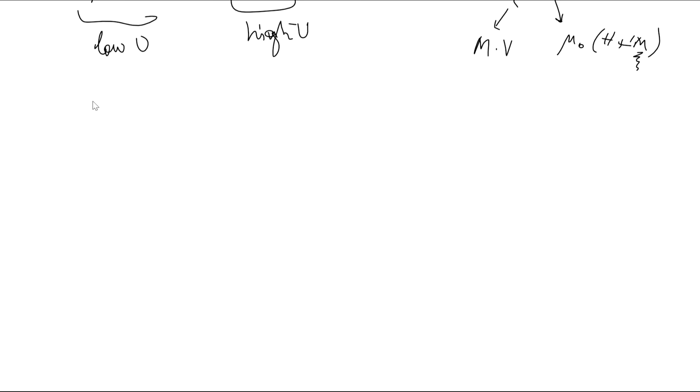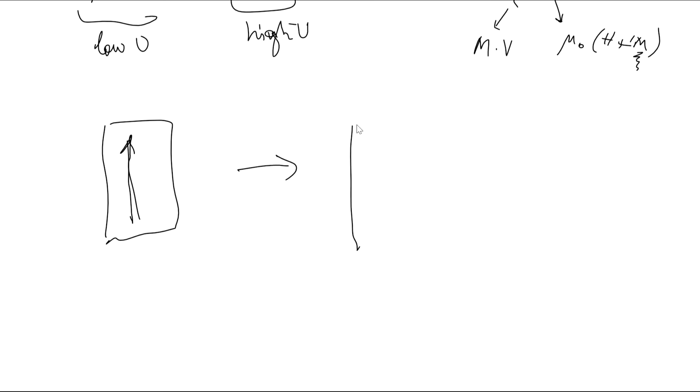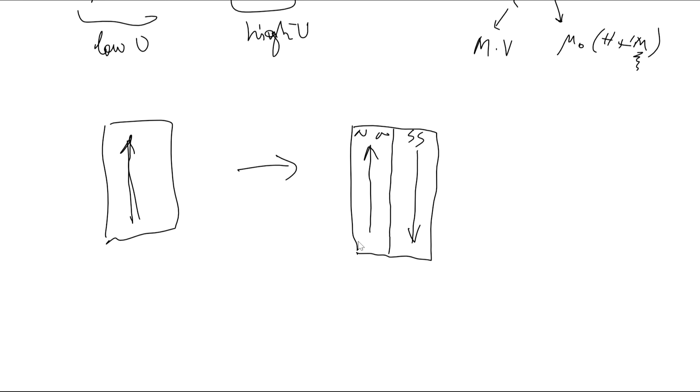In order to lower this, instead of having this material magnetized along one direction, the system breaks into domains. So domains are formed to lower the magnetostatic energy. It breaks into two domains. One is magnetized this way, the other one is magnetized that way. So in this case, we have north and south, south and north.